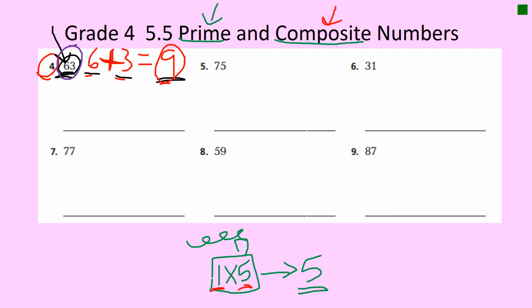So is 63 a prime number? No, because it's divisible by 3.